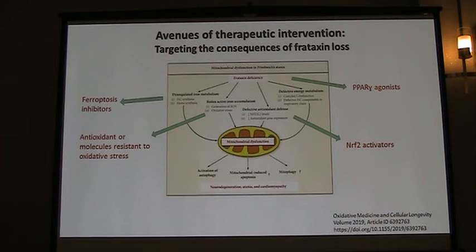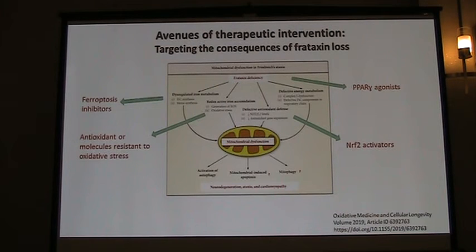Also, some things that I'm sure you've heard of, because these are some of the oldest approaches, are antioxidants, molecules that target the PPAR gamma pathway, or NRF2 activators. Omaveloxolone is targeting the NRF2 pathway. Most of these therapies targeting consequences of frataxin loss are some of the most advanced therapeutics for FA.